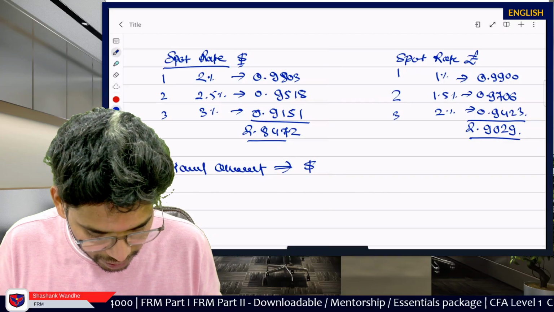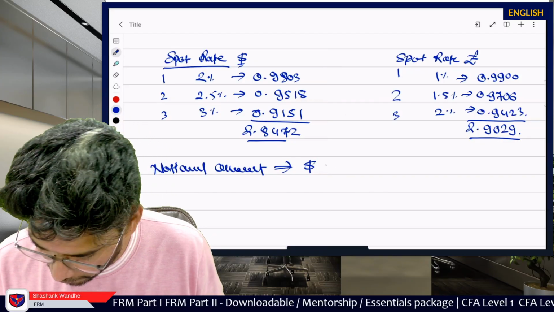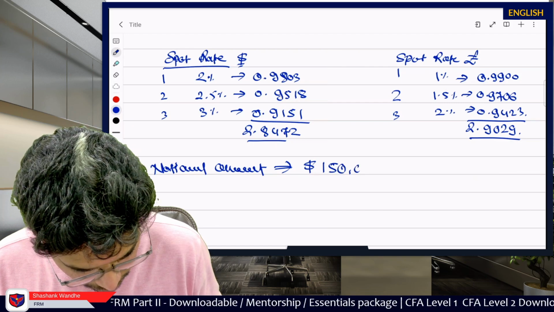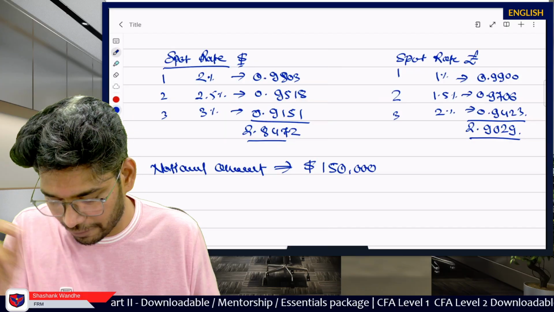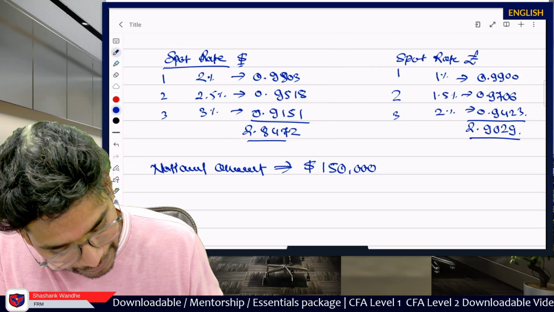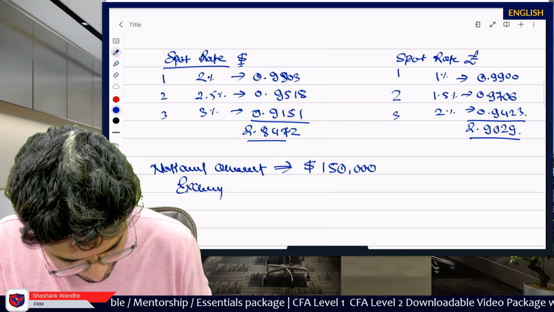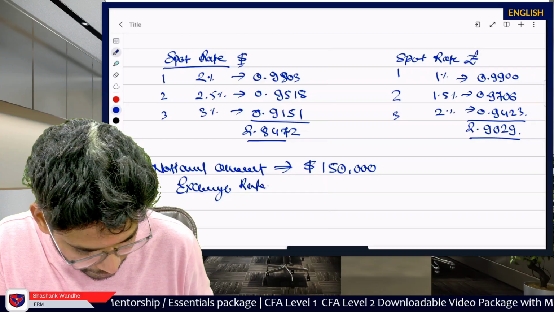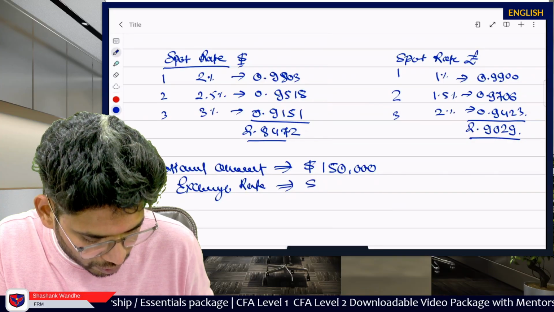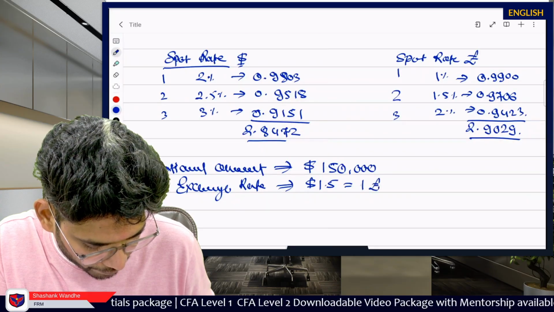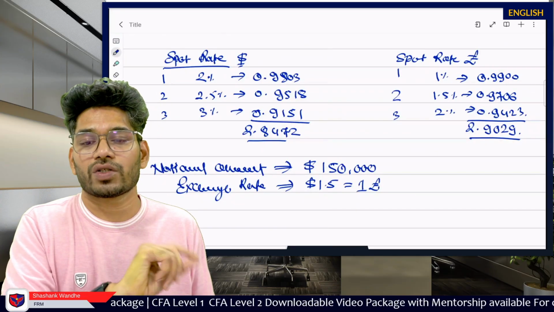Notional amount is $1,50,000, and exchange rate is $1.5 is equal to 1 pound. Okay, so $1.5 is equal to 1 pound.